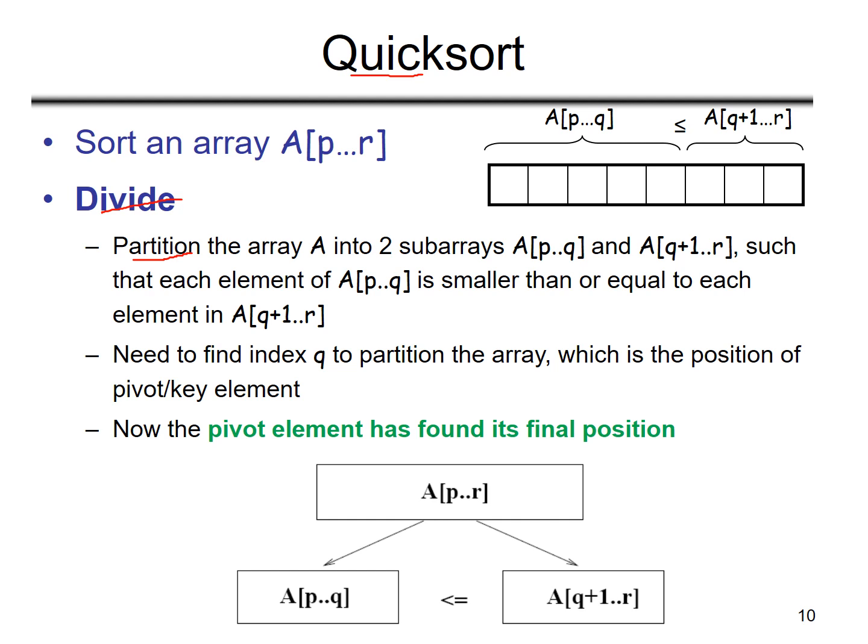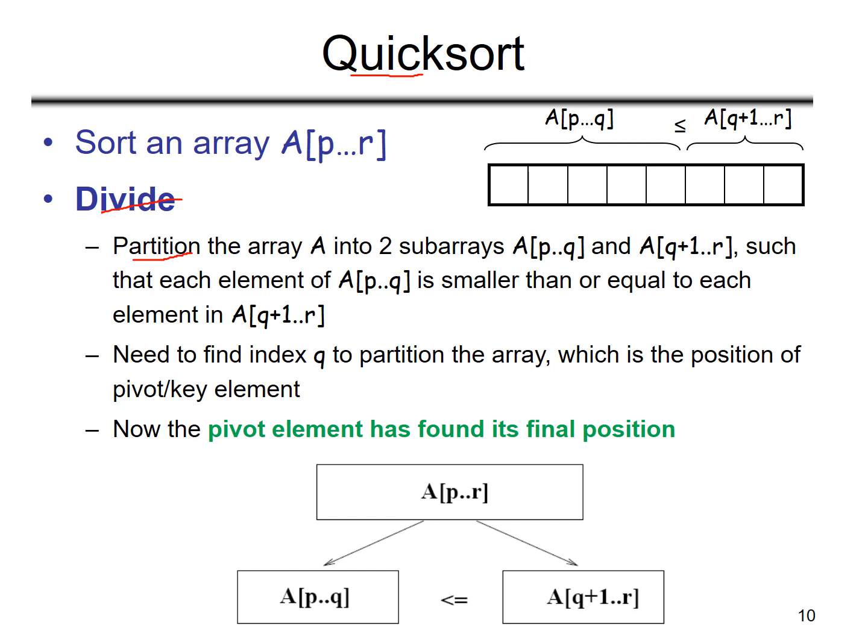All the numbers whose value is greater than this, I'll put to the right side. When I'm able to do this and place the key element, or the pivot element, at this position, I say that I have achieved partitioning. This is what it means to have a partitioning.